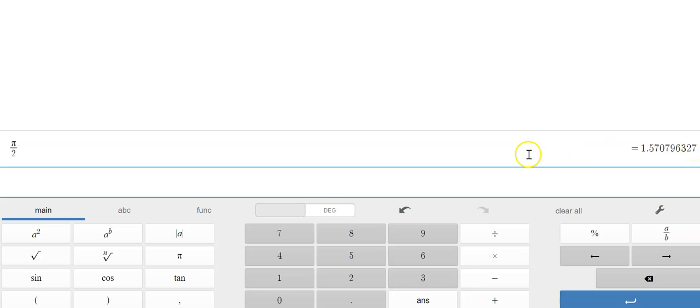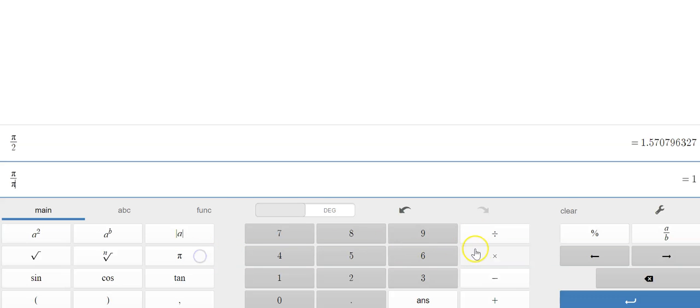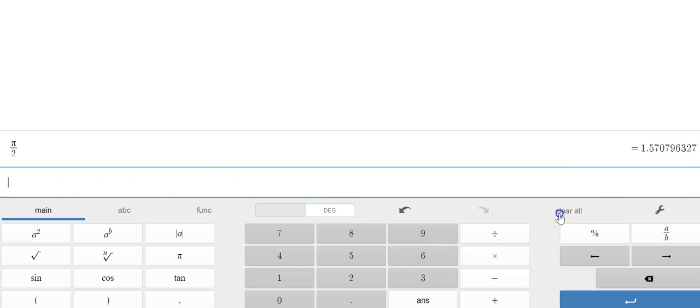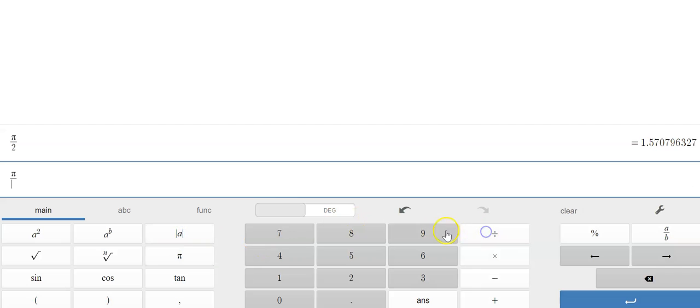So if you divide pi by a number or you multiply pi by a number, it's still going to be irrational. The only time it would not be irrational is if you took, let's say you took pi and divided it by pi. Well, pi divided by pi is 1. Anything divided by itself is 1. But if you take pi and divide it by 9, it's going to be irrational.